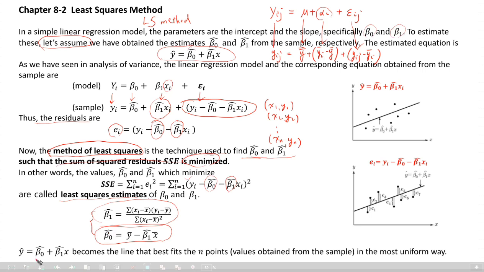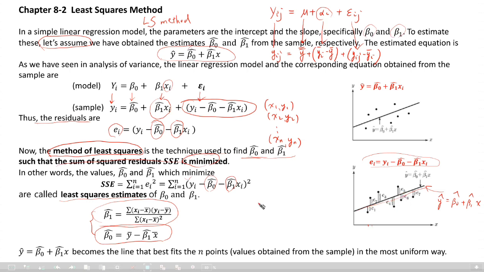Y hat equals beta 0 hat plus beta 1 hat x becomes the line that best fits the n points. We have n points, and for this line the residual is this one: the realized value minus the value on the line. This line is y hat equals beta 0 hat plus beta 1 hat x. So for each x there exists a y hat value, and that value is on the line.